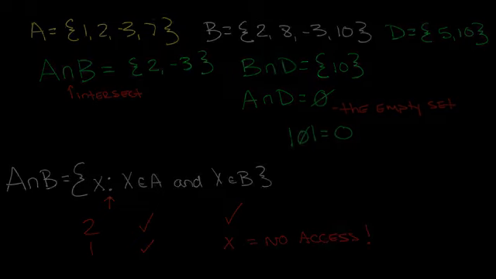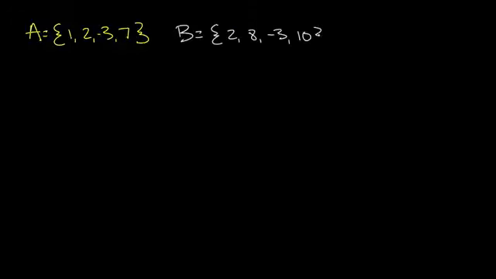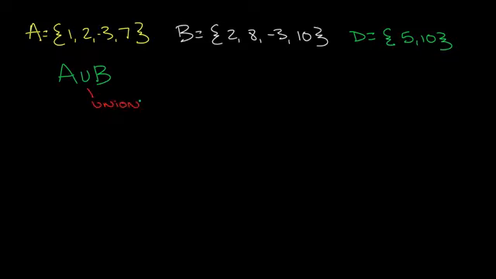Okay, fine. Let's rewrite those sets and give you a different definition. So A is equal to {1, 2, -3, 7}. B is equal to {2, 8, -3, 10}. And D is equal to {5, 10}. The next idea we're going to define here is the idea of union. A, and this funny upside down intersection symbol, A union B, this is read union. If intersection has the idea of and in it, union you should think of as the idea of or.